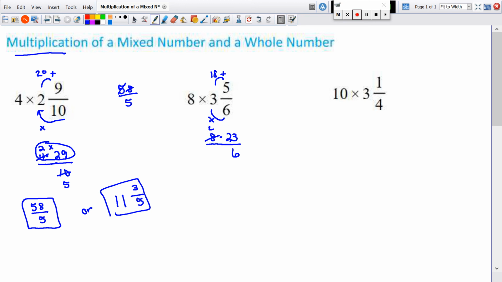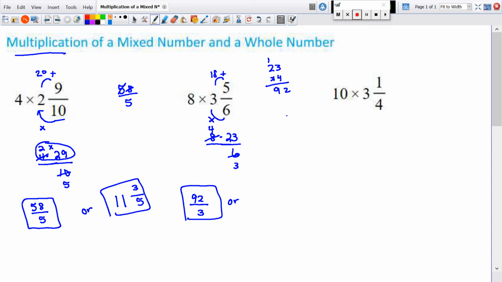So half of 8 is 4, half of 6 is 3. So my denominator is going to stay 3. And then 4 times 23, let's come out here and figure that out. It's 92. Okay, that's the answer as the improper fraction.